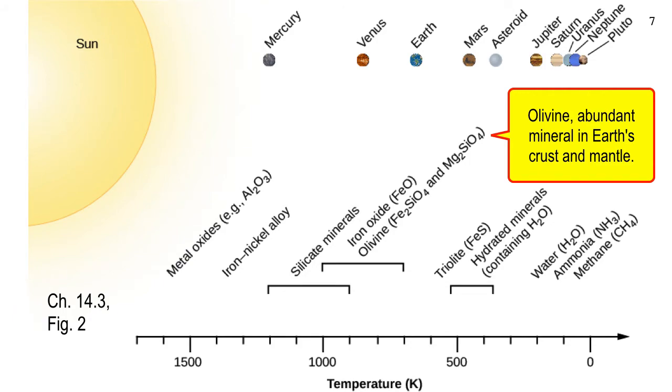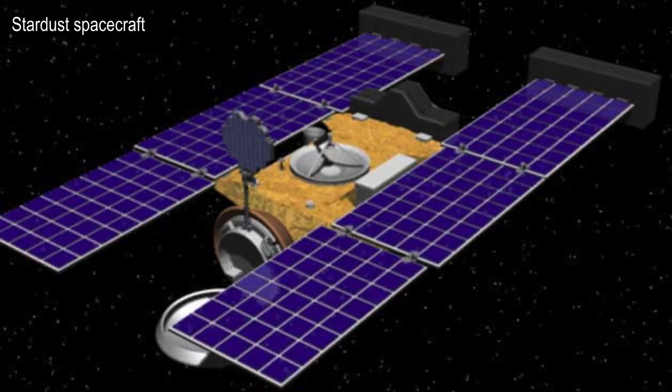Here's a real cool method that they did a few years ago, back in the early 2000s. They took the Stardust spacecraft, they launched it, and basically they lobbed it at a comet called Wild 2. And this little tennis racket shaped dealy bobber here is what they sent out there to do.